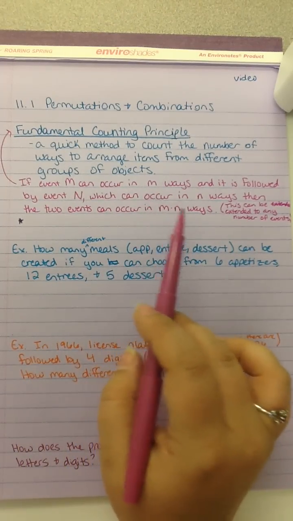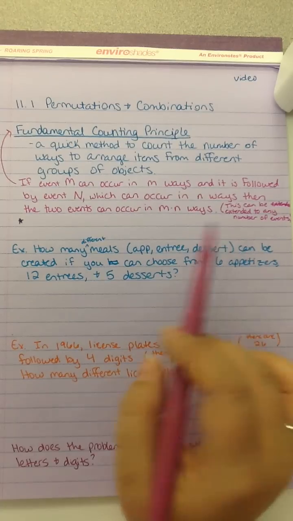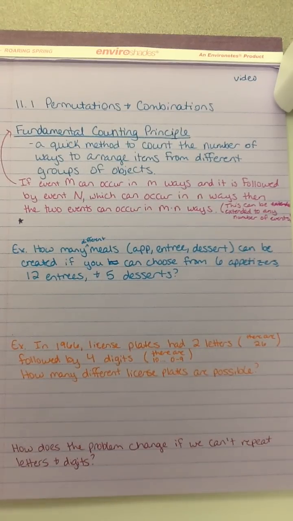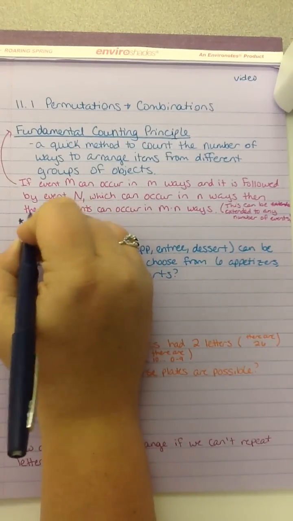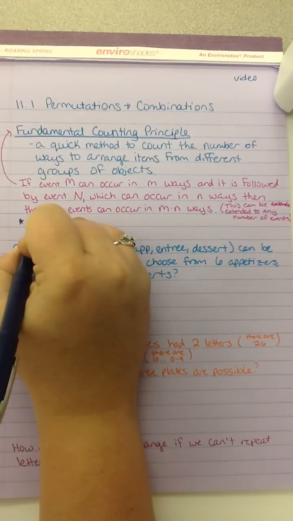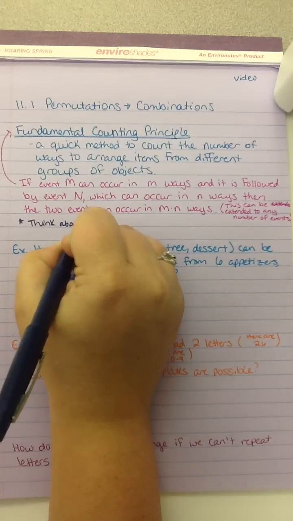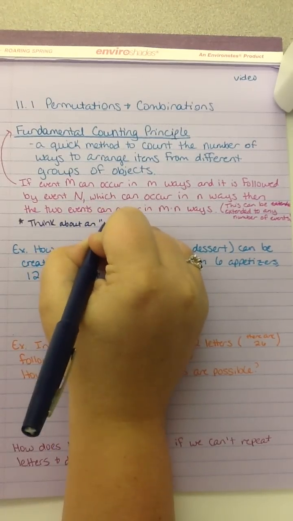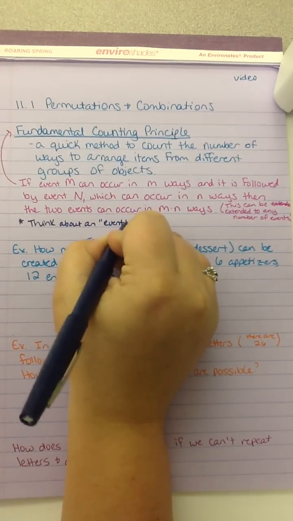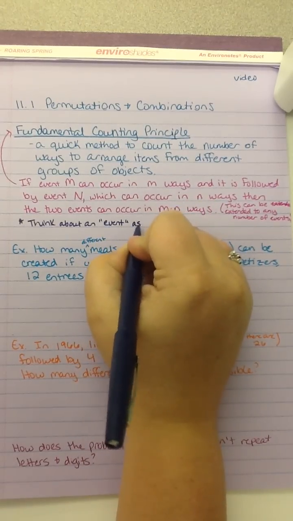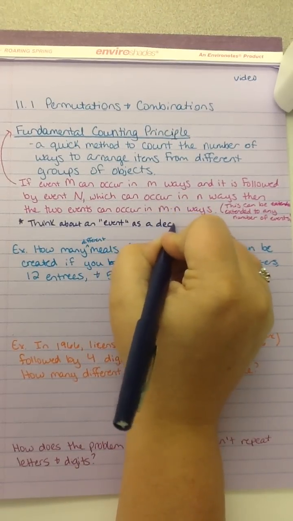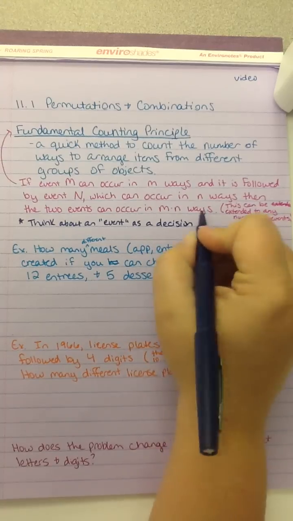And this doesn't just stop with two events, it can be extended to any number of events. So when we look at the word event, we need to think about an event as a decision that is made.